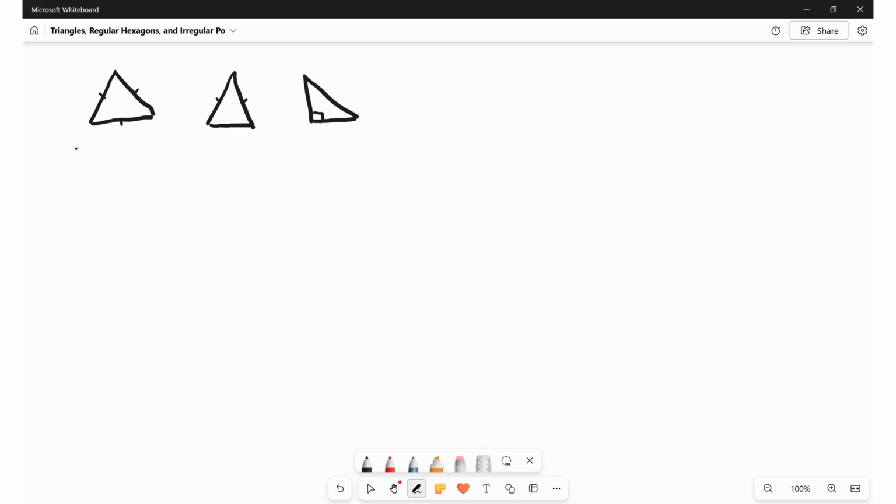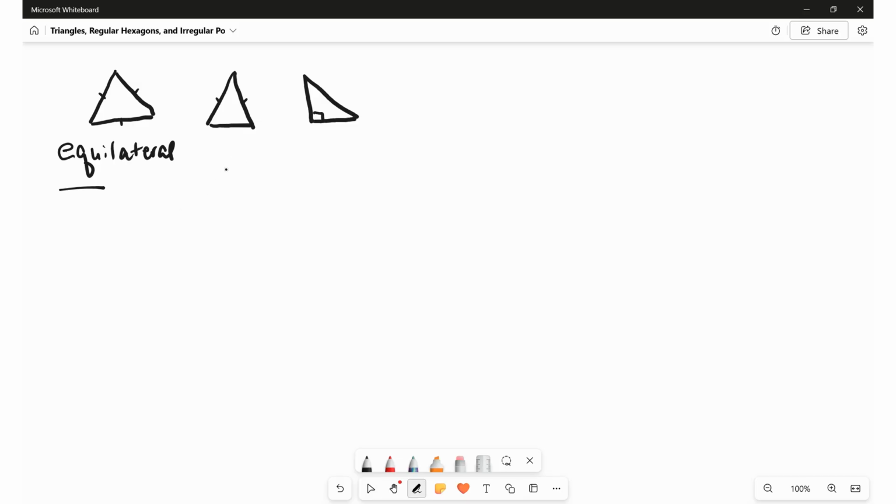Okay, so this first one is what we call an equilateral. This first part means equal, and if you recall from when we talked about polygons and quadrilaterals, lateral means side.